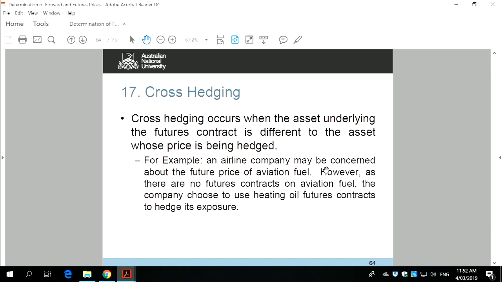So what airline companies do is use the futures contract written on heating oil to hedge their price risk on aviation fuel, right? In other words, you're using a futures contract written on a different underlying asset to hedge your risk exposure to aviation fuel. That's called cross-hedging. Now, cross-hedging would also expose you to basis risk.